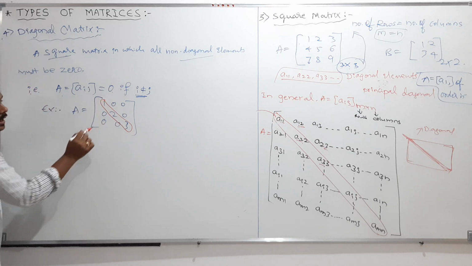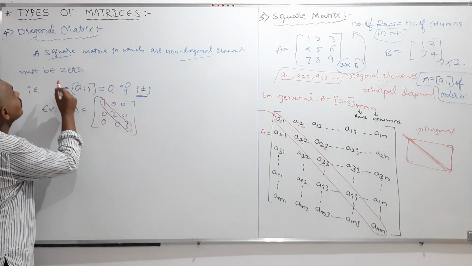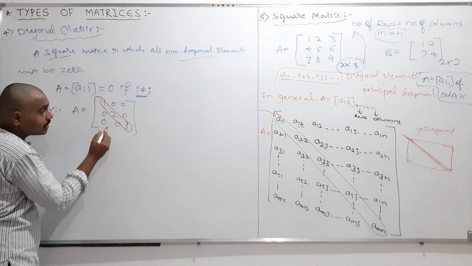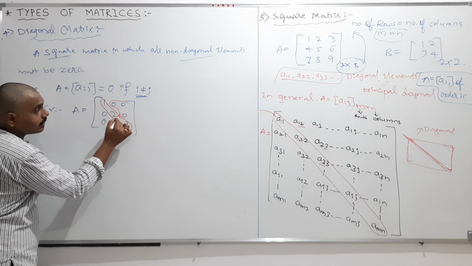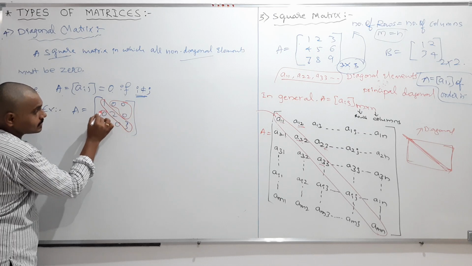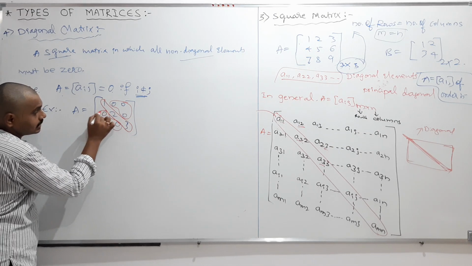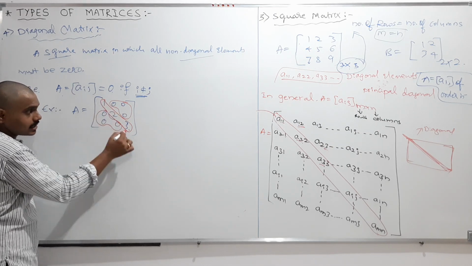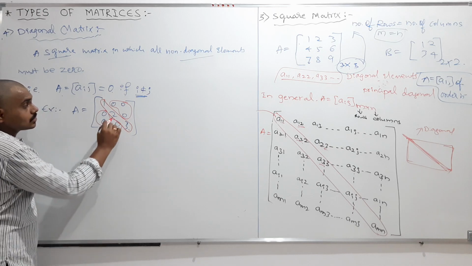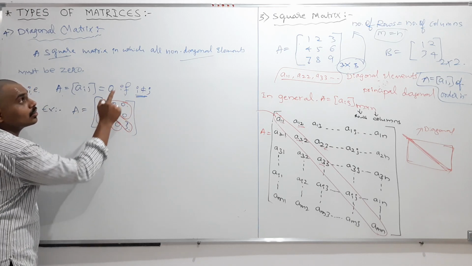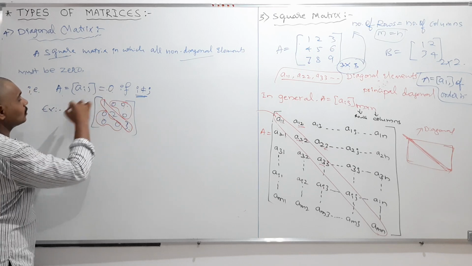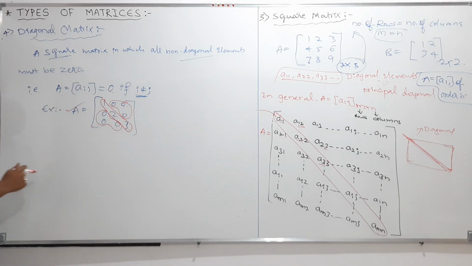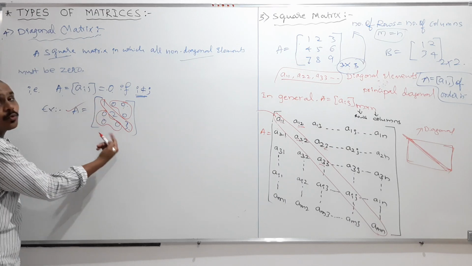I'll call it the diagonal matrix because all non-diagonal elements are 0. These are all the diagonal elements. So all non-diagonal elements are 0, and therefore you can call this a diagonal matrix, and obviously this is a square matrix.